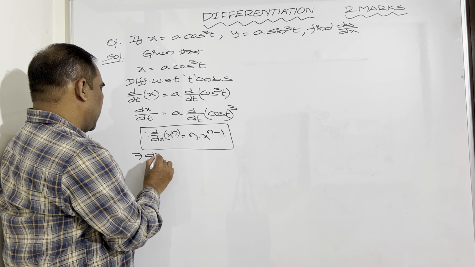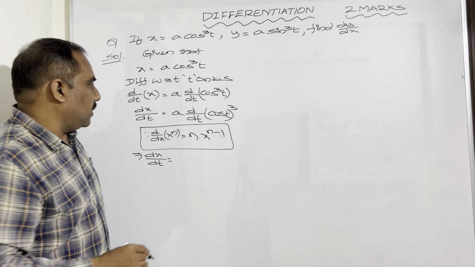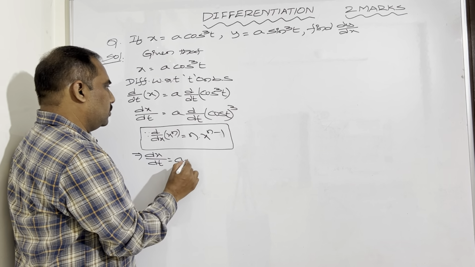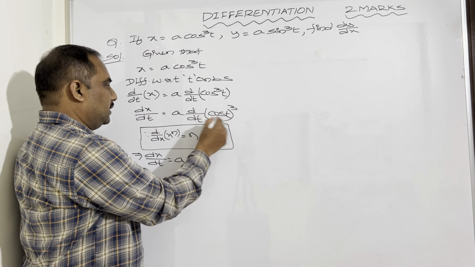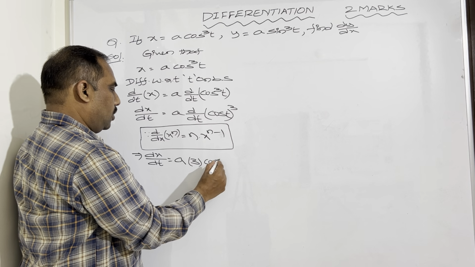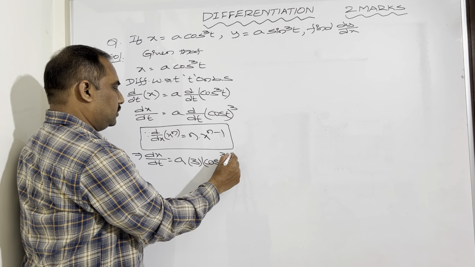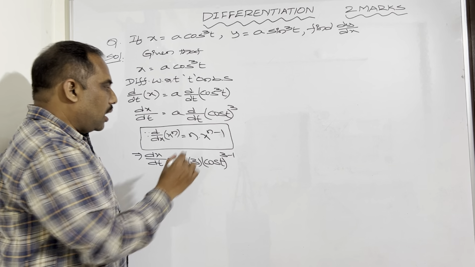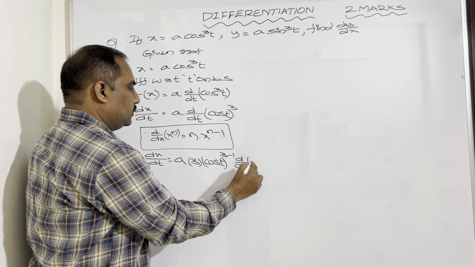So dx by dt is equal to a into 3 into cos t whole to the power of n minus 1, that is 3 minus 1. Again we have to do the derivative of cos t with respect to t.